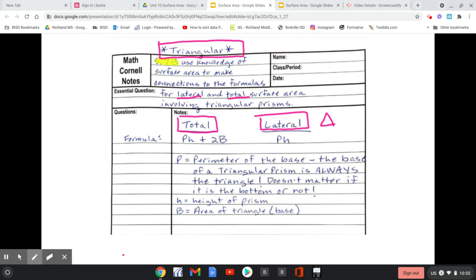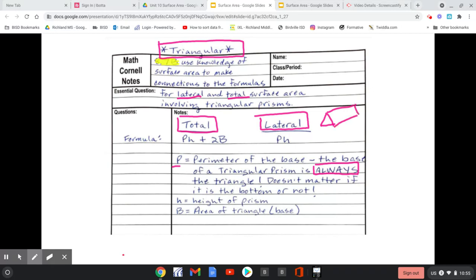The information is the same as for the rectangles. The perimeter is the perimeter of the base. And on this shape, the base of a triangular prism is always the triangle. It doesn't matter if the triangle is on the bottom or not. Sometimes they'll draw the picture with the triangle like this.